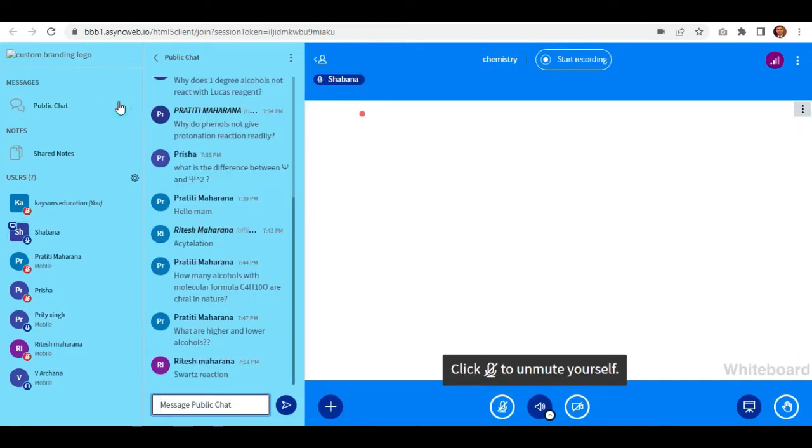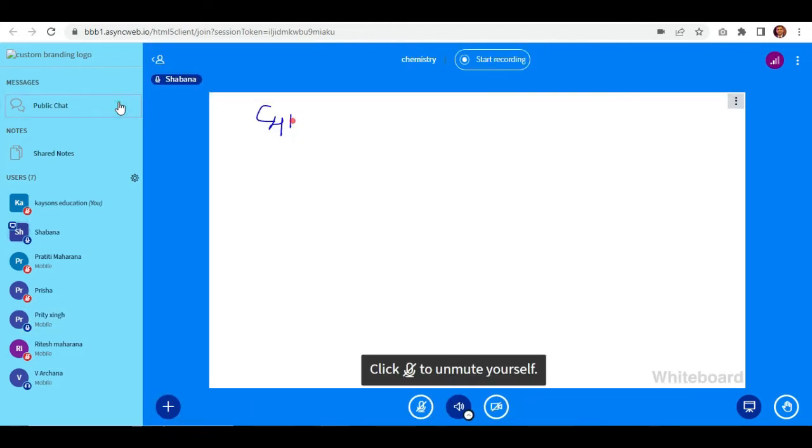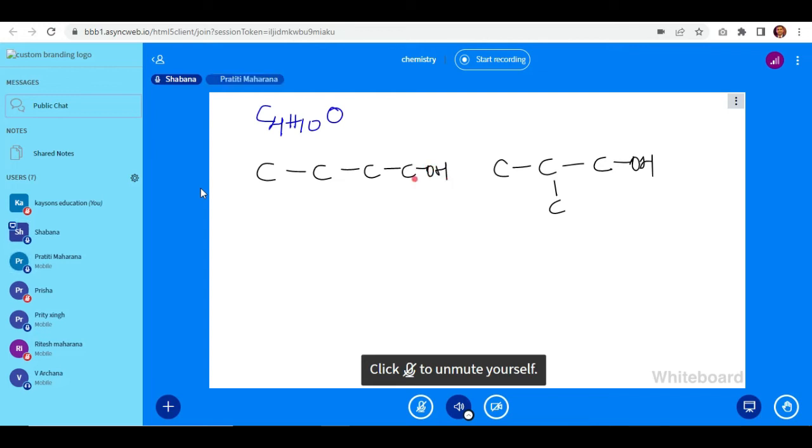So C4H10O, this is the molecular formula. How can we write it? There are four carbons, right? They can be in a straight line or they can be like this with OH. This OH can be attached to some position.